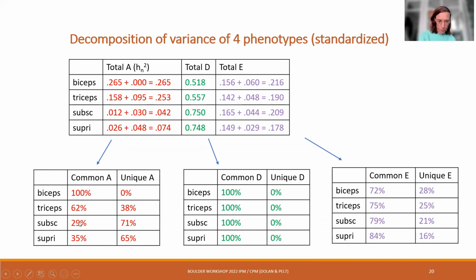So here for this variable, subsc, 29% and 71%, this is in relative terms, but of course in absolute terms, the contribution of additive genetic effects is very small. You have to keep this in mind when presenting the results.